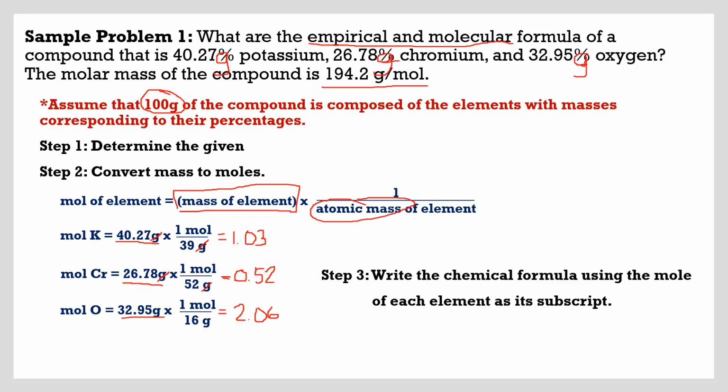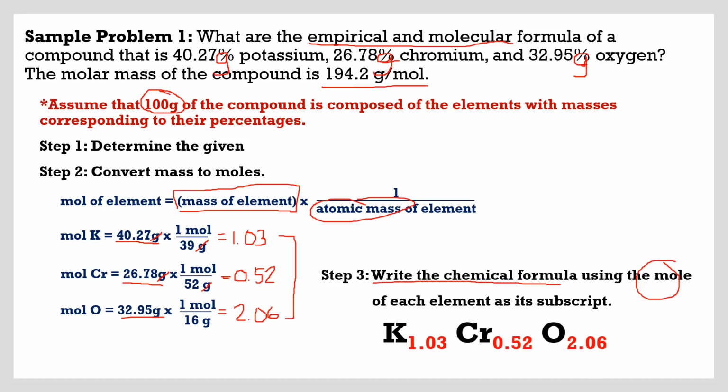So the next step now is to write the chemical formula using the mole of each element as its subscript. If we are going to use these values of mole in writing the chemical formula, the outcome will be, for potassium, 1.03, for chromium, 0.52, and oxygen is 2.06.